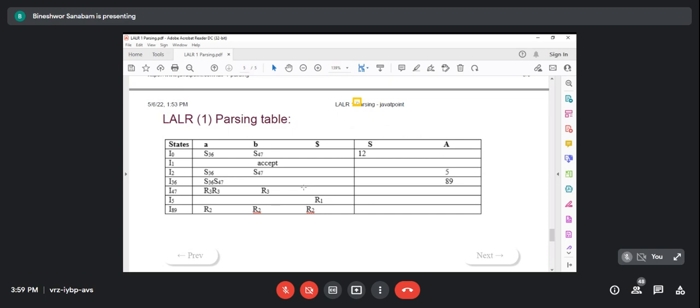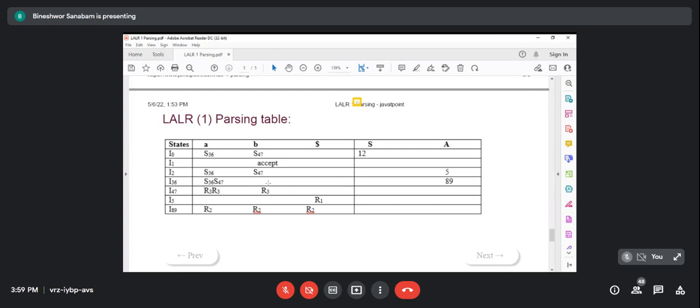S will be blank, A will be 2, then I1 as it is, then I2 has S36, S47, and in place of A it's 5. Then in I36 you'll have S36 in place of A, then S47 in place of B. Everyone got it? Then S47.